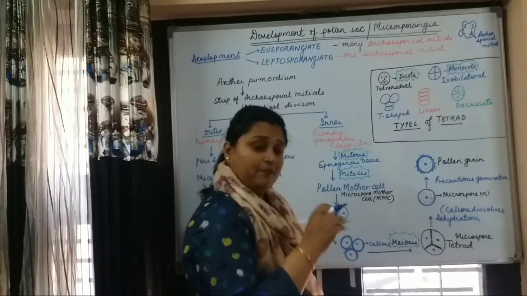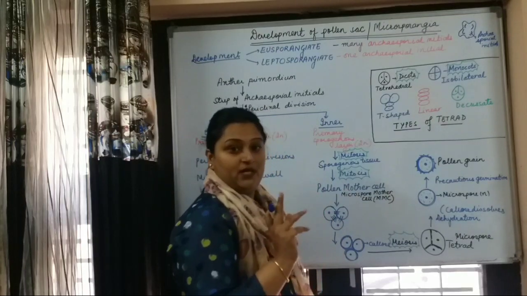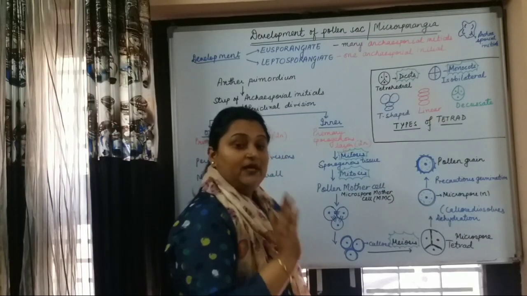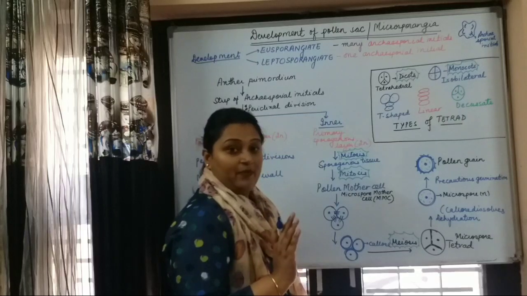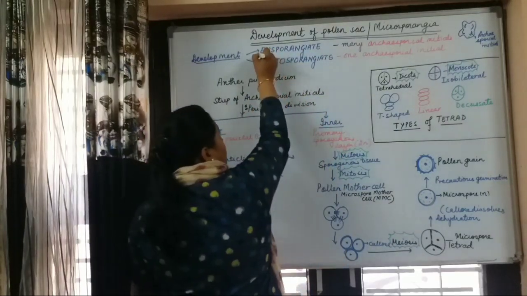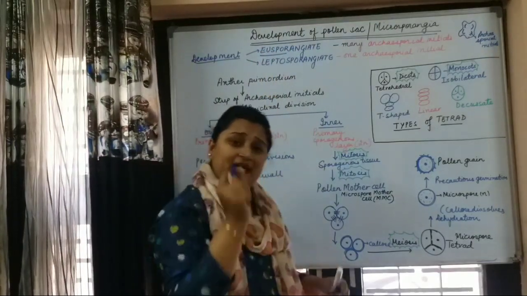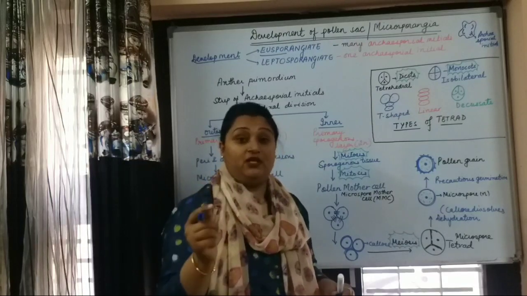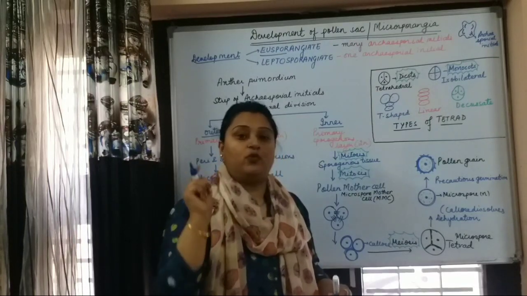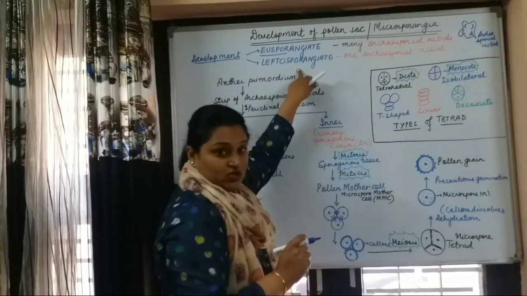Now, if many layers or many initials participate to form a microsporangium, then this type of development is called eusporangiate. But if only a single cell develops into the whole microsporangium, then it is called leptosporangiate.